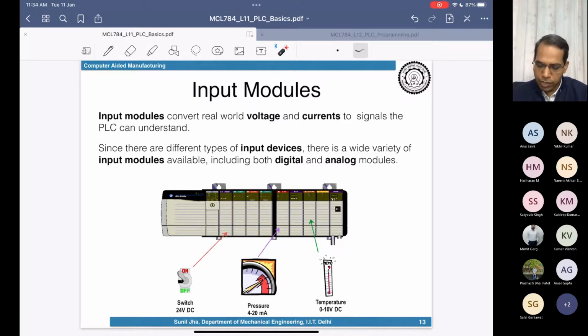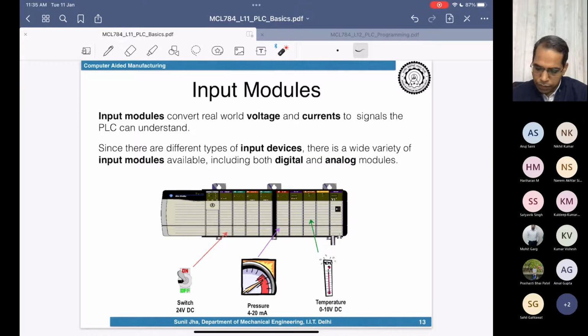In case of input modules, most of the time in modular controllers we will have a different module for analog inputs and different modules for digital inputs. So this individual unit will be a module, either an analog input module or a digital input module.